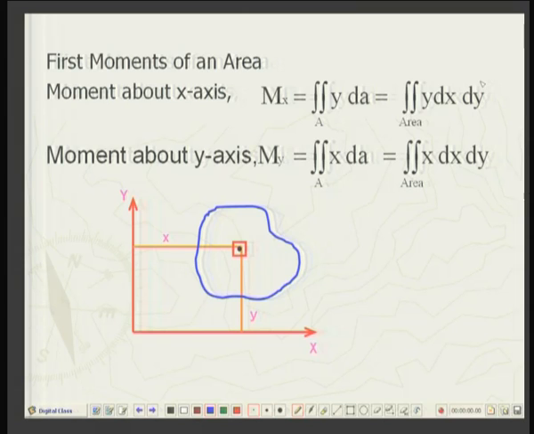Similarly, we can define the moment about y axis, which is My, and this will be the infinitesimal area dA times x integrated over the entire figure, and it can be written again as x dx dy integration over the area.